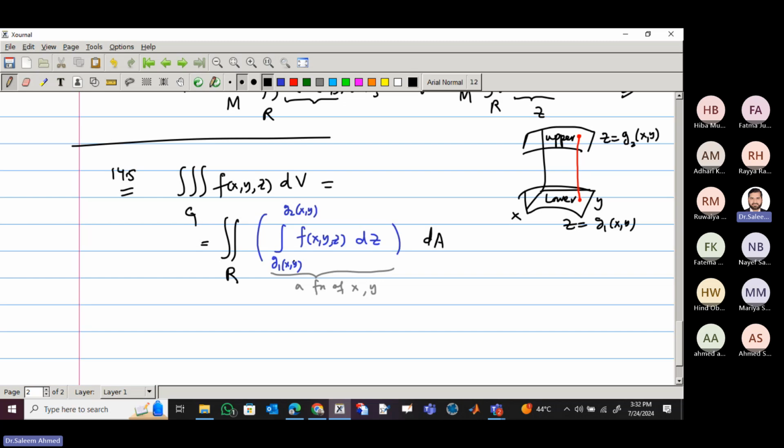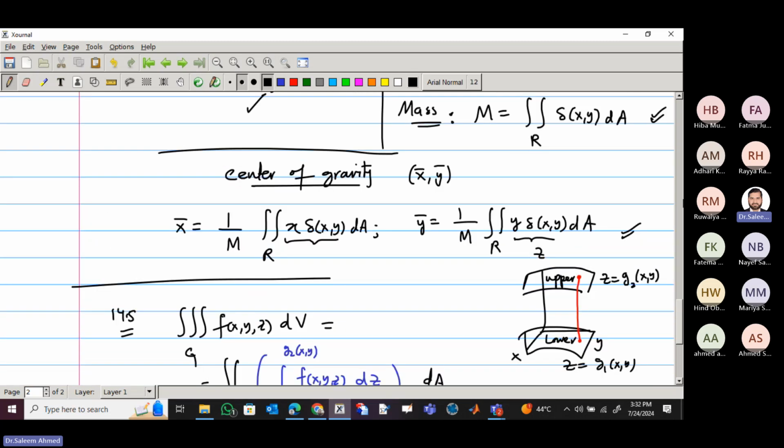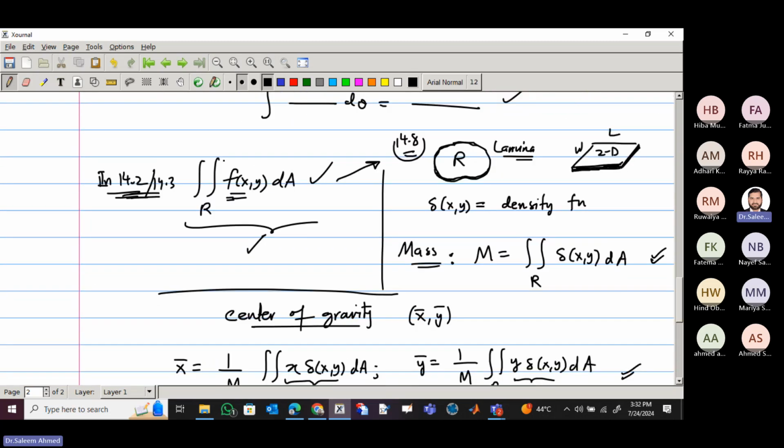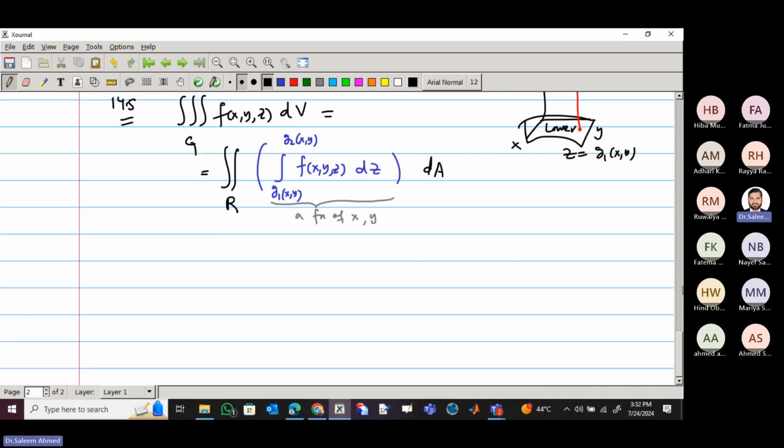So once you are done with this inside function, you will go back to 14.2, because here you have a function of xy and you are taking the double integral over dA. The same thing we are doing here now. This is a function of xy only and you are taking the double integral.